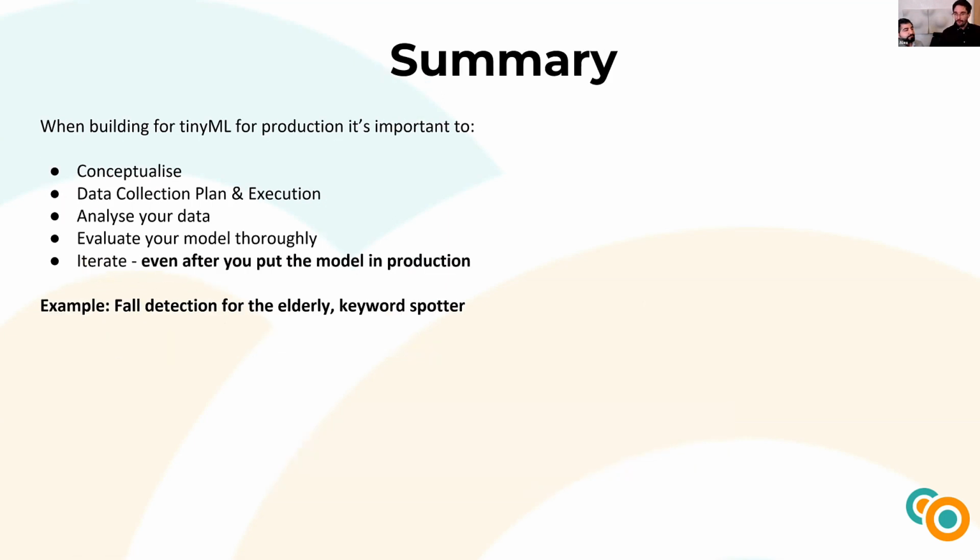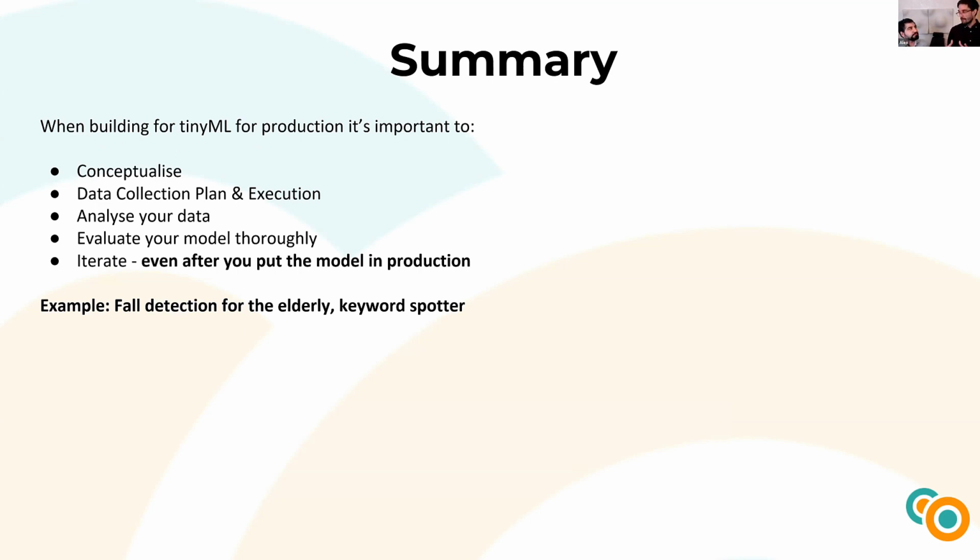Now we're getting close to the end of the deep dive. What we want you to take away from this session is that when you're building tiny machine learning applications for production, it's really important to conceptualize your product and really understand the life of the model that you want to build. Where is it located? Where is it mounted?